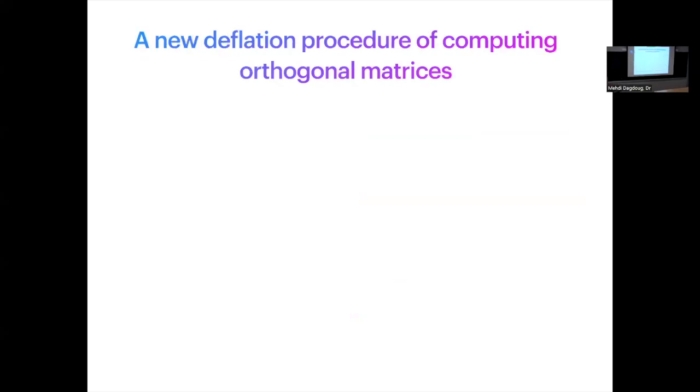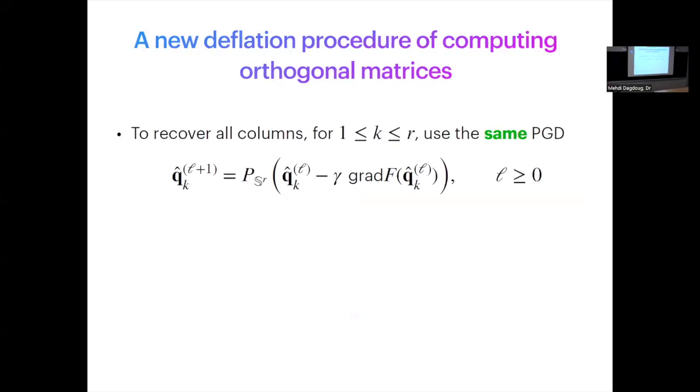So this gives us the new deflation procedure, which is the following. We use the same projected gradient descent and run it R times. This is the same iteration procedure, you run it R times. The only difference is that you choose R different initial points.